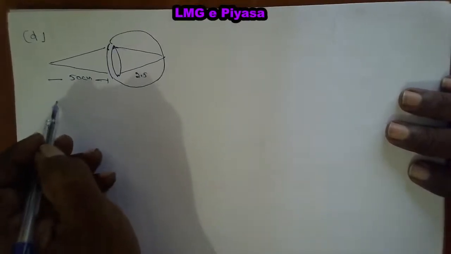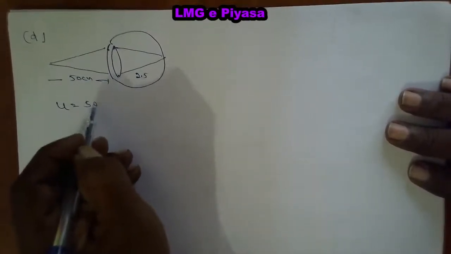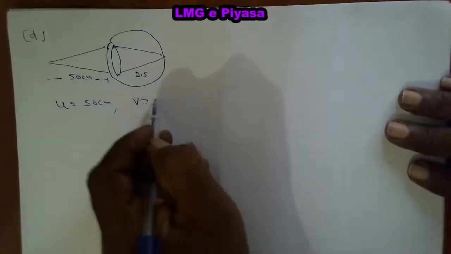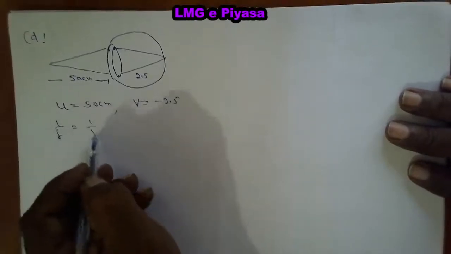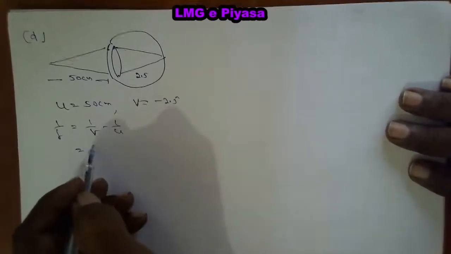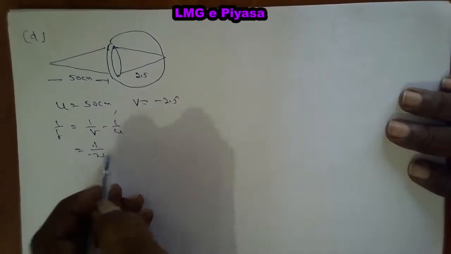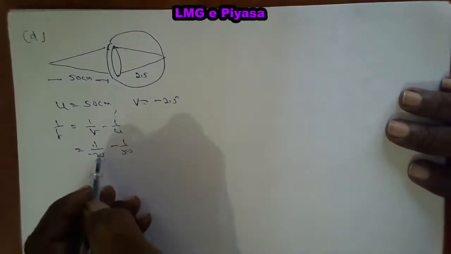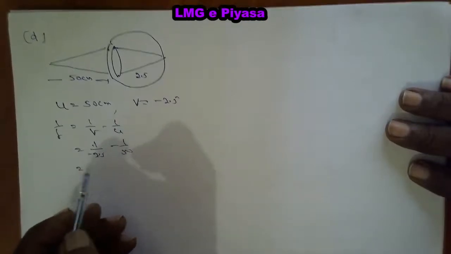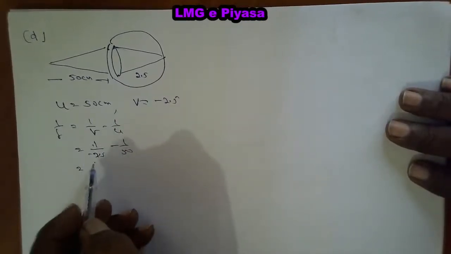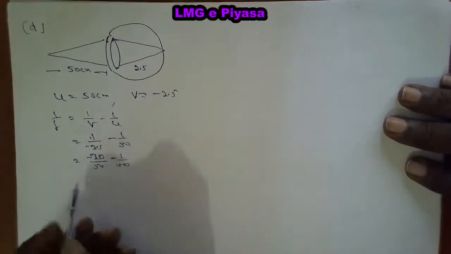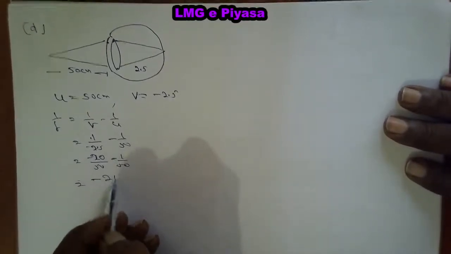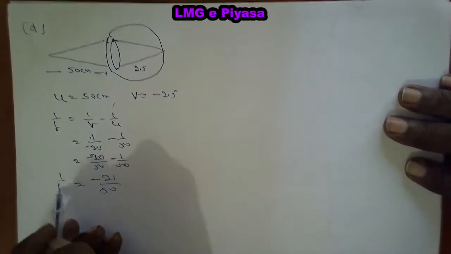Then U equals 50 centimeters, V equals minus 25. So 1 over F equals 1 over V minus 1 over U. If you substitute, 1 over minus 25 minus 1 over 50, this equals minus 2 over 50, minus 1 over 50, so 1 over F equals minus 3 over 50.